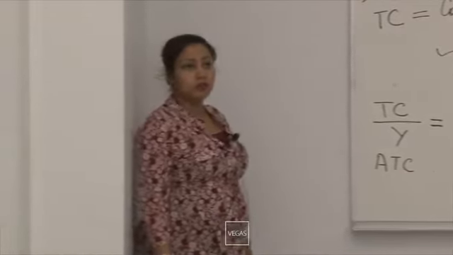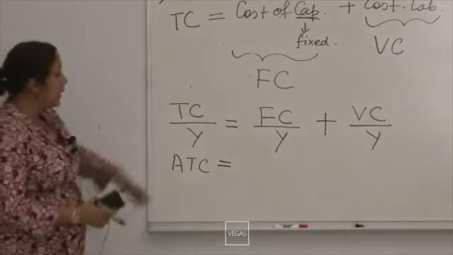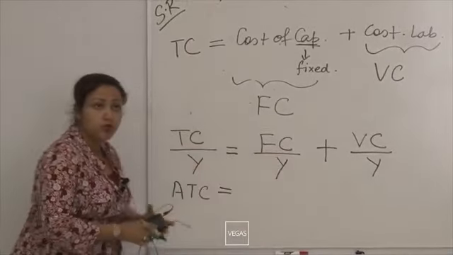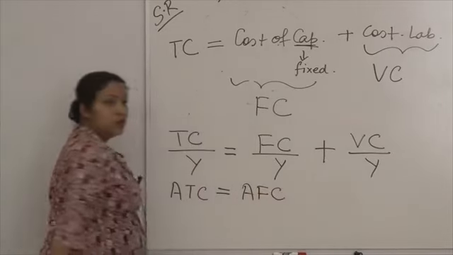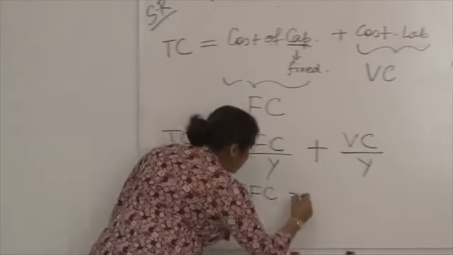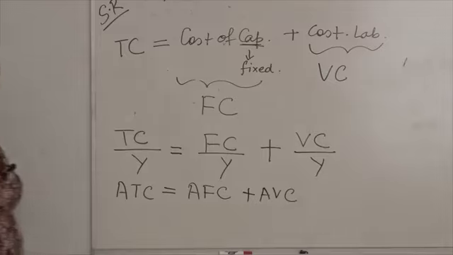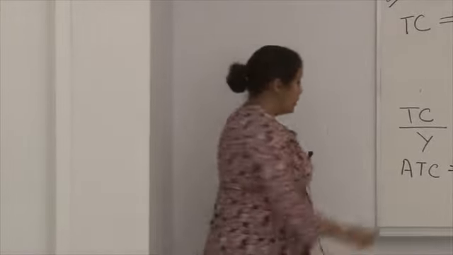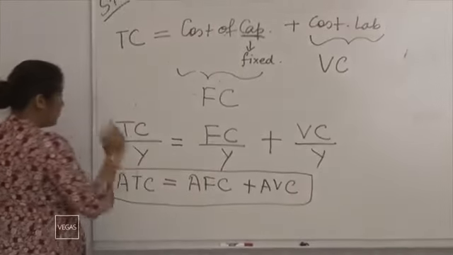And by the same logic, since I am dividing it by the number of units produced, this should be the average fixed cost or the average cost of capital, and this must be the average variable cost or the average cost of labor. Agreed? Please remember this. This is an important thing for you to remember.